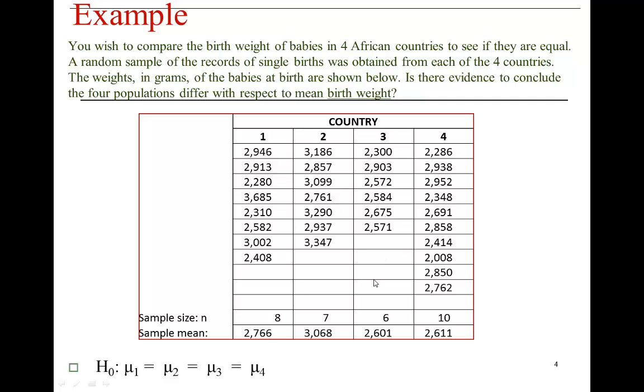You can see that their sample sizes need not be the same, and what you see here are the sample means. In this example, as is the case in every ANOVA, the null hypothesis is that the means are the same. The alternative is that at least one of these 4 means is statistically significantly different from the rest.